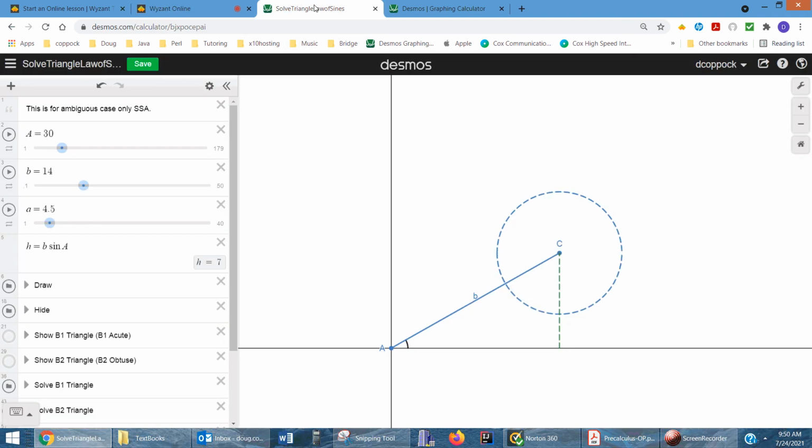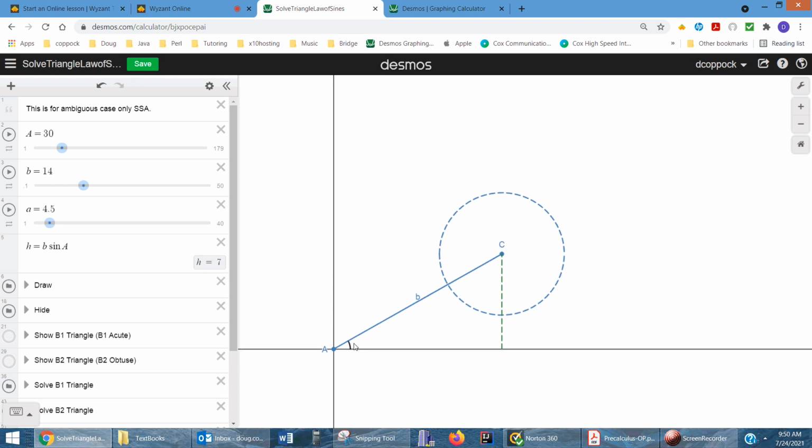To show you what's happening, here is a triangle where this angle A is 30 degrees, the fixed side is 14, and right now this circle with the dashed circumference has a radius of 4.5. It does not reach the ray that forms the unknown side of this triangle.